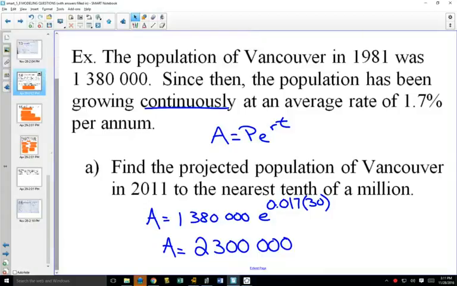And there's no logs to use here because we've got only numbers on the right-hand side. 2011 would be 30 years after 1981, which is given in the question of when we had 1.38 million. And once you round it to the nearest tenth of a million, you get 2.3 million.